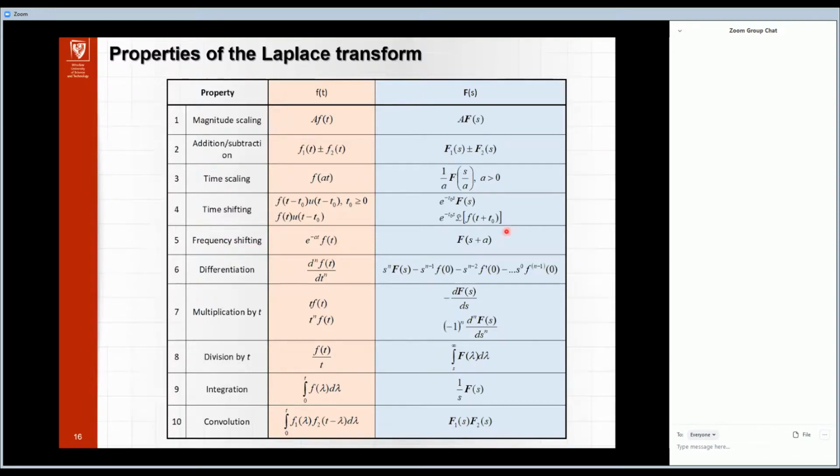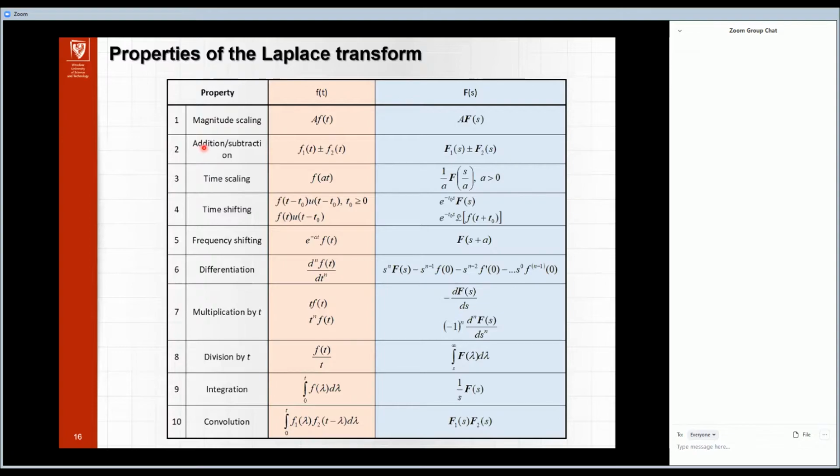Frequency shifting means that in the s domain, in the time domain we just multiply the function f(t) by the factor e to the at. Okay, but first, magnitude scale. When we have the factor a for f(t), we have the same factor in the s domain.